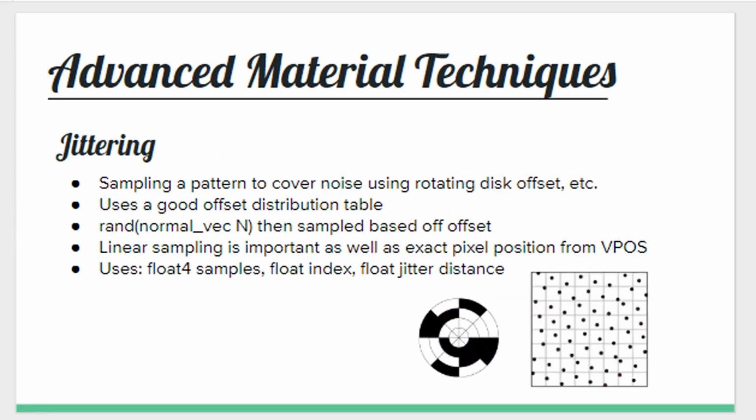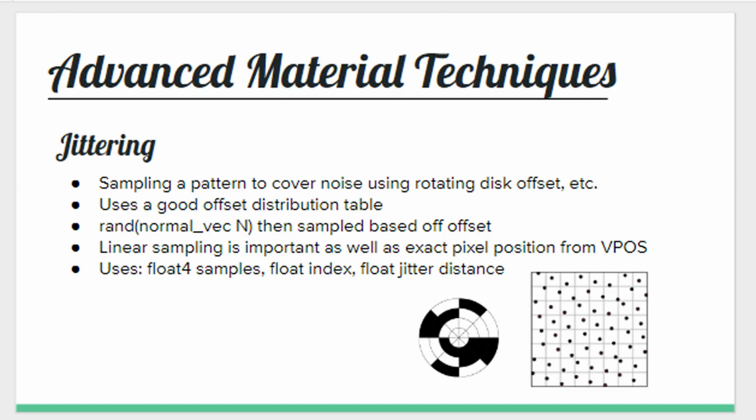Moving right along, he went on into jittering. Jittering, as noted here, is sampling the pattern to cover noise by rotating disk offset. If we were going to actually look at it in a game, it would be if we were to look at a shadow and we would see that it's a little fuzzy. This fuzziness is brought on by jittering.